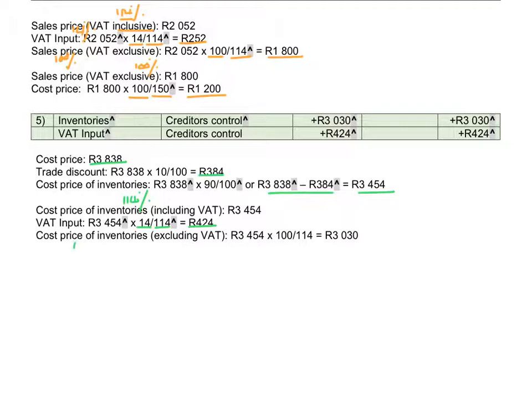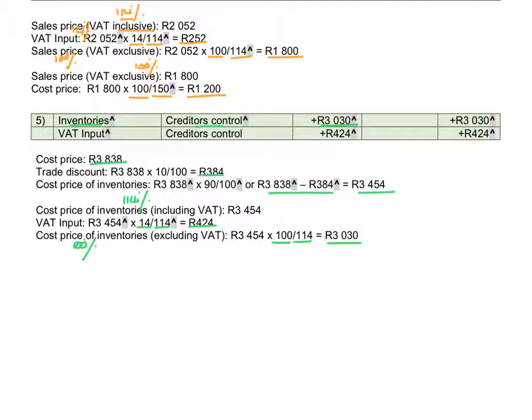The cost price of the inventory will be exclusive of VAT. So the 100% that we want over the 114% that we know will give us 3030. Inventory will be debited because assets increase with the purchase price excluding the VAT.